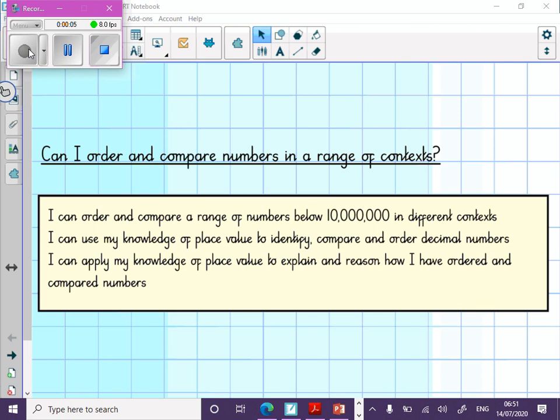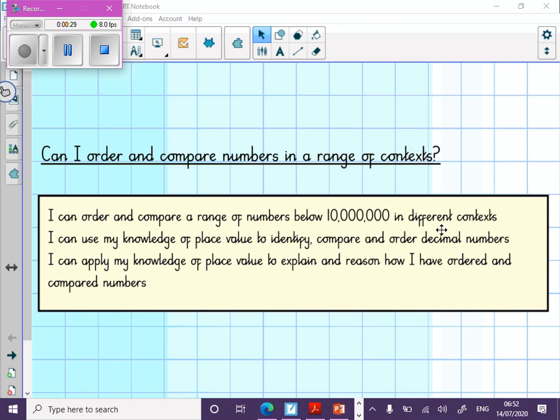I thought we could do a little bit of maths focused on place value to begin with. So today we are going to be looking to see if we can order and compare numbers in a range of contexts. And to achieve that learning question, we're going to be able to order and compare a range of numbers below 10 million in different contexts.